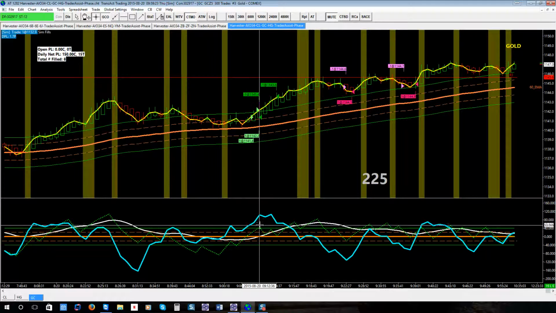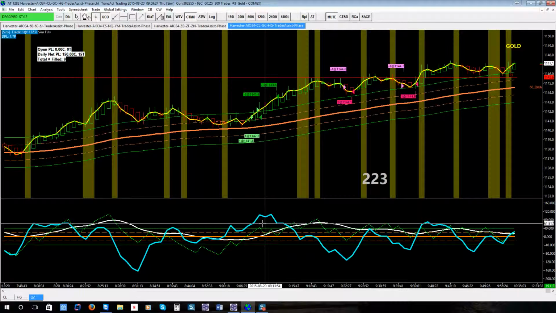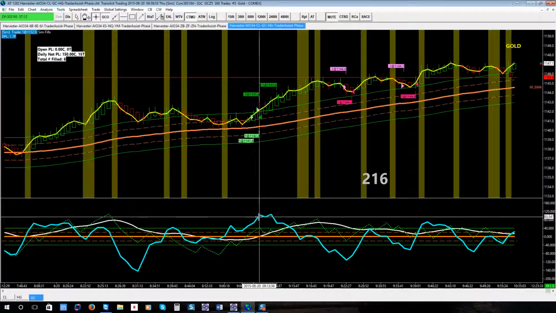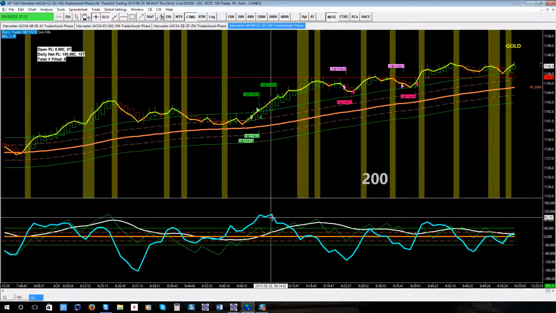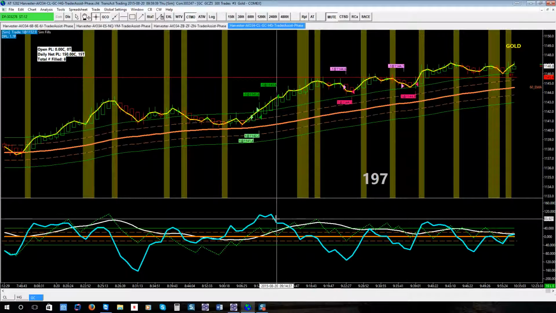We stay. It does go against us, but the white MACD is still strong going up, so we stay. Plus it's so far up above the 0 and it's flattish going against us. We stay. Now it really goes against us, and as you can see, that's where I exited.